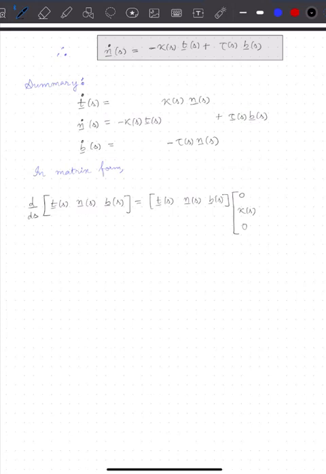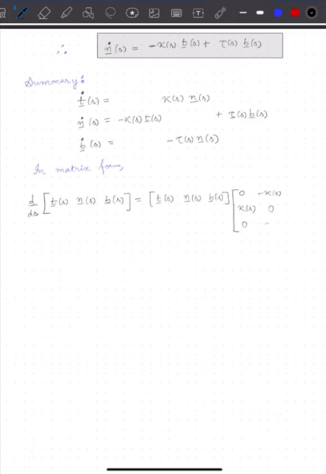Now N of S is going to be minus kappa of S for T of S, and plus, of course, 0, plus tau of S. And for B of S, we'll have no contribution from T of S, contribution only from N of S.